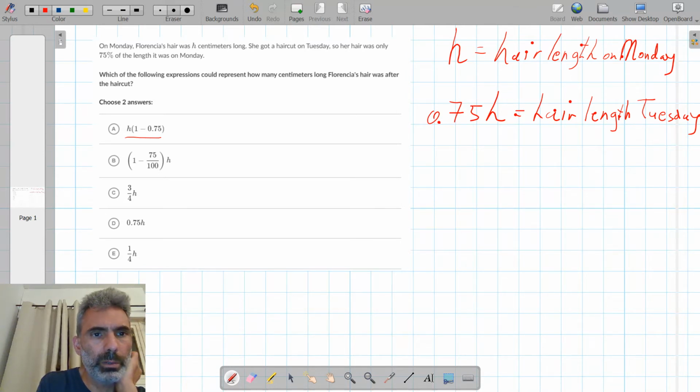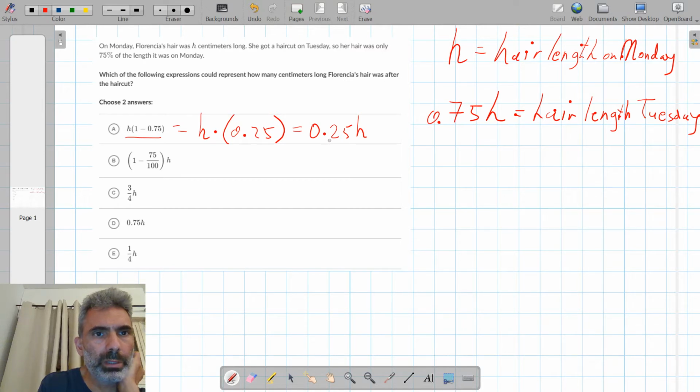Okay, so it's incorrect because when we evaluate the parentheses, we end up with H times 1 minus 0.75 is 0.25, which means that this is 0.25% of H. It doesn't represent how many centimeters long was after the haircut.